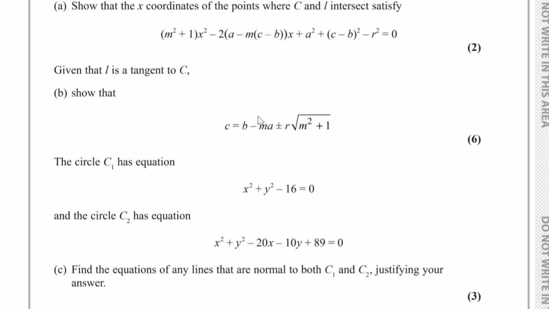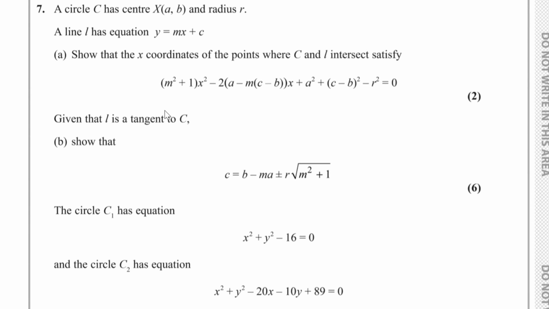Now, if we think about what we mentioned in part B, when we had a line which is a tangent to some circle C, we ended up with this result here.